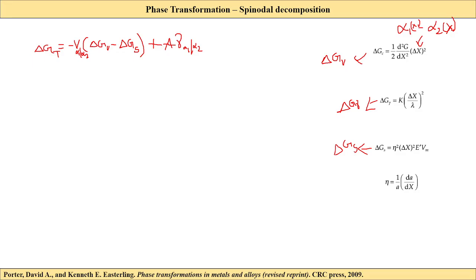Now, volumetric free energy again depends upon the compositional differences. The strain energy will also depend upon the compositional difference. Why? Because a certain composition will have a certain lattice parameter, right? My composition defines what my lattice parameter is.